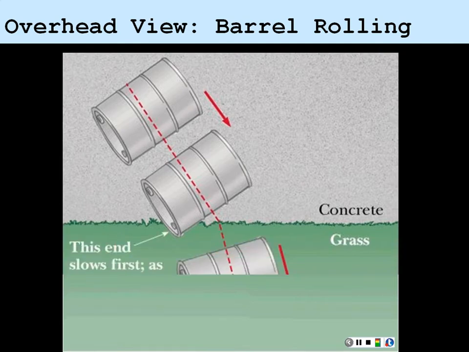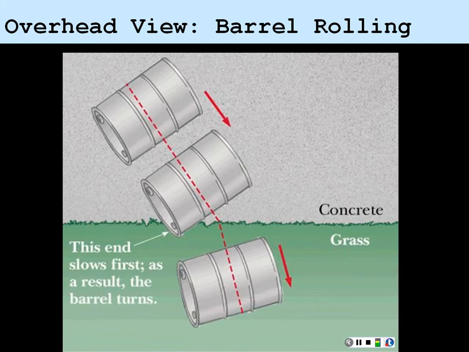Hence, when it finally enters the grass, it'll be moving in a different direction. If the grass is uniform, it'll continue to move in a straight line after that. So there'll be a bend that occurs at the interface between the concrete and the grass based on the fact that the barrel moves slower in the grass than it does on the concrete.